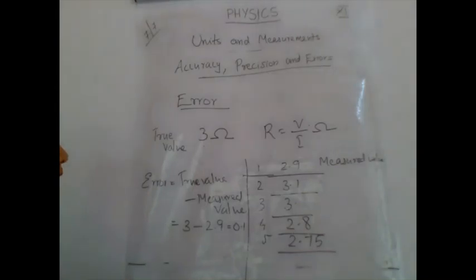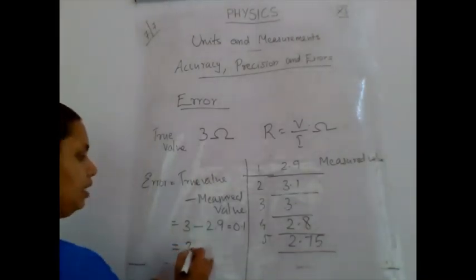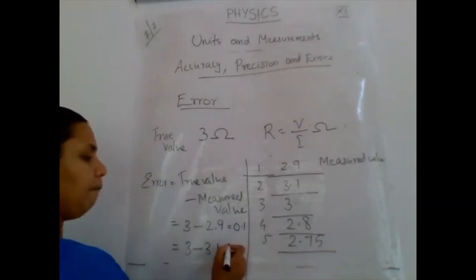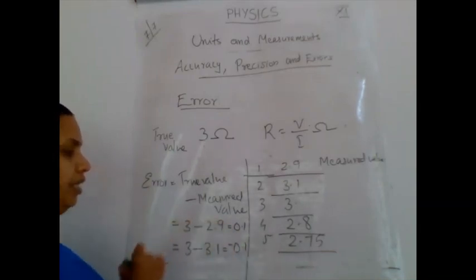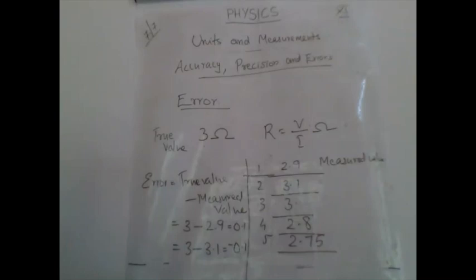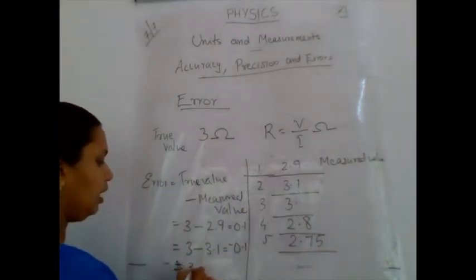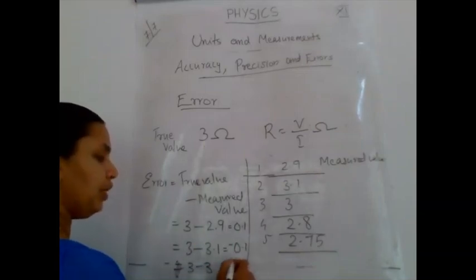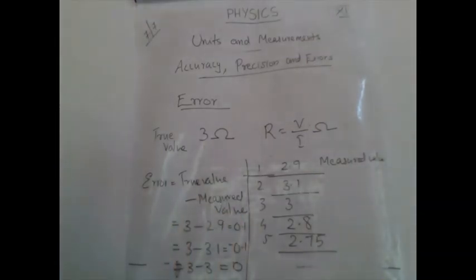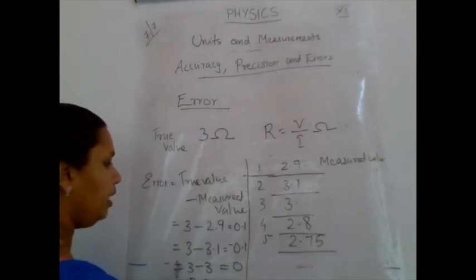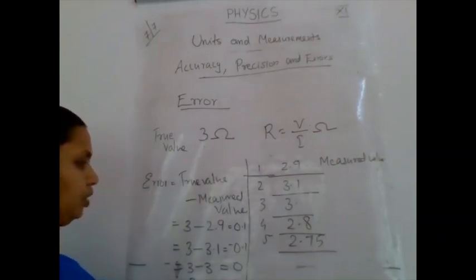And in the second measurement, it is 3 minus 3.1. It is minus 0.1. And in the third case, it is 3 minus 3. It is 0. No error. And in the fourth case, 3 minus 2.8, it is equal to 0.2.